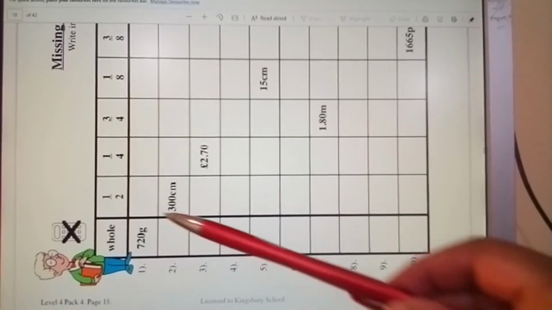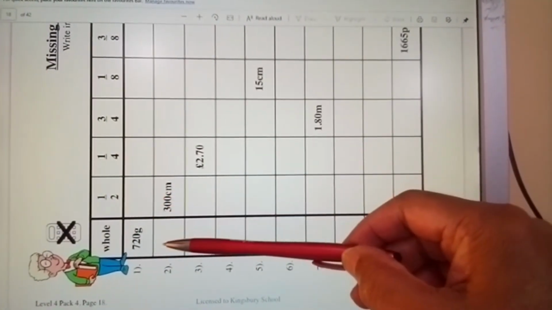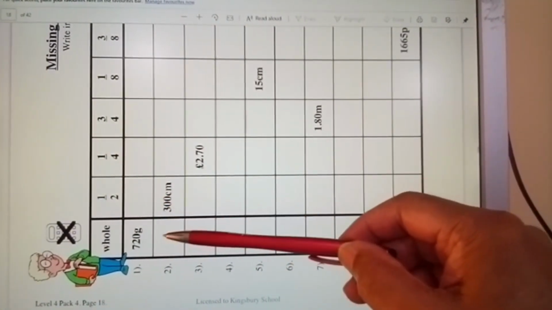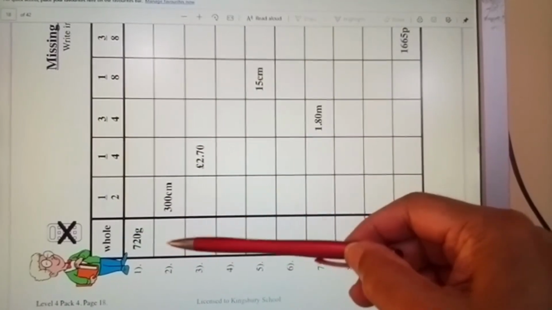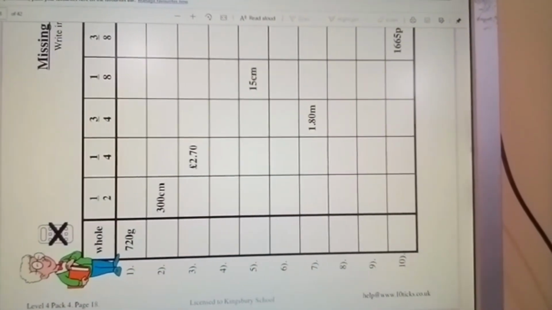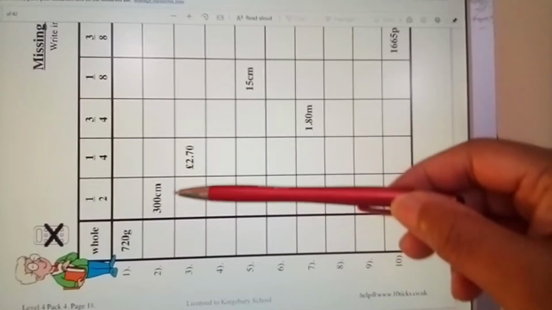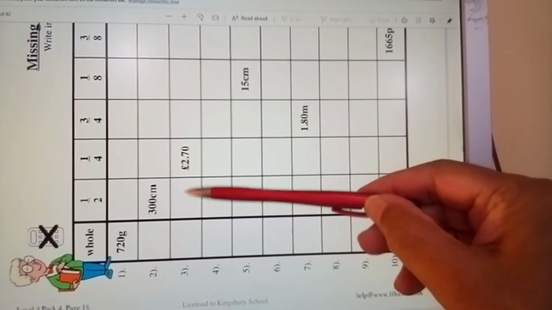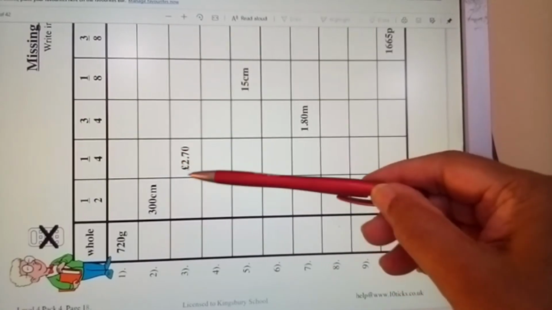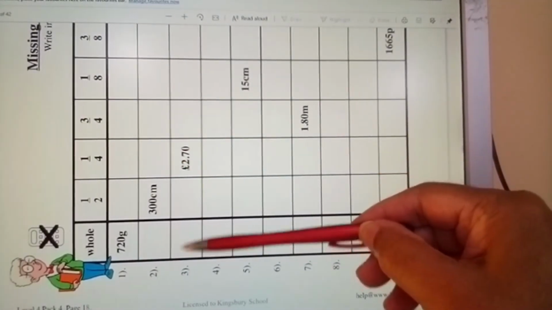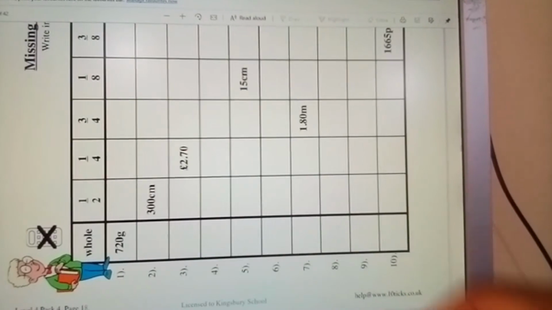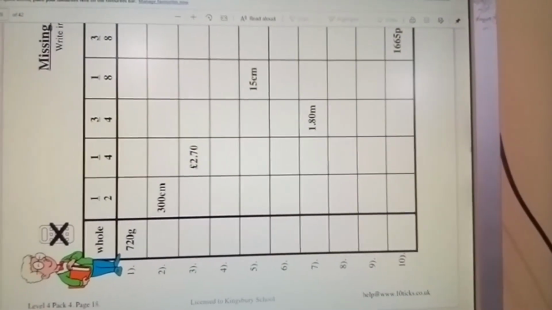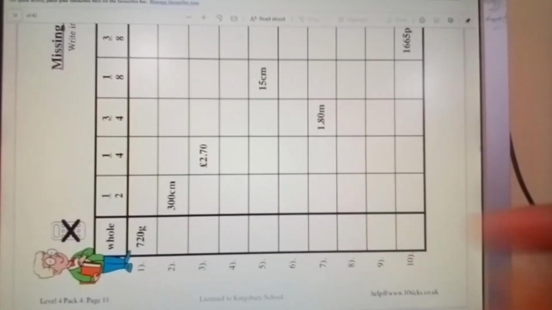Here you're looking for, if that's a half, what would be the whole number? Obviously 600 centimeters. Okay. Here, if that's a quarter, what would be a half? Double that. What would be the whole? Double that and get your answer there. Okay. That's the process you would apply in solving this question.